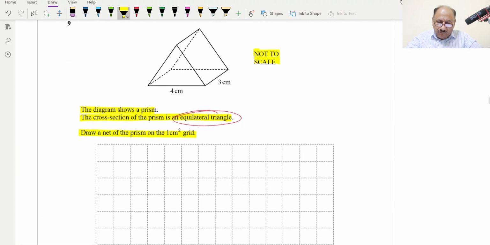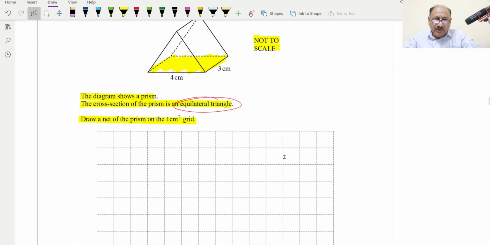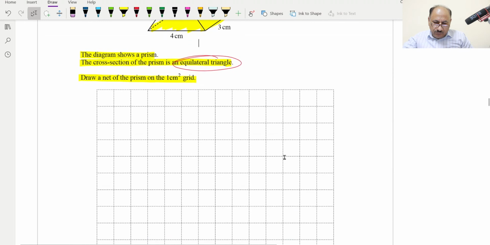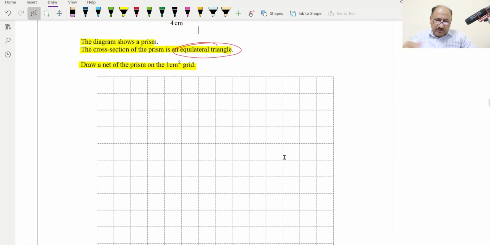So first of all, we will be drawing this base. This base is 4 by 3. So 4 centimeter by 3 centimeter will be the base. So we will draw over here 4 centimeter by 3 centimeter.